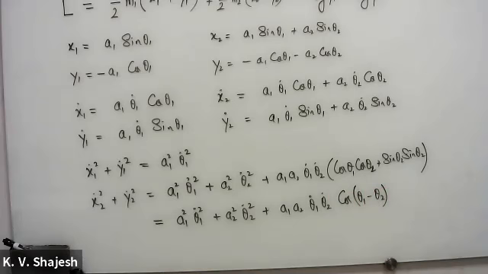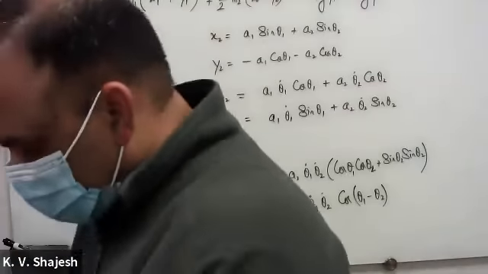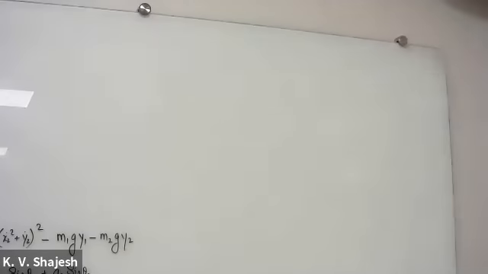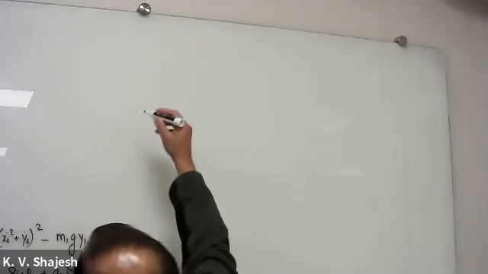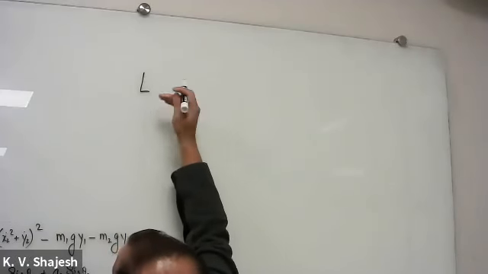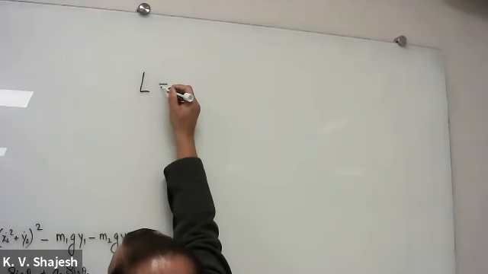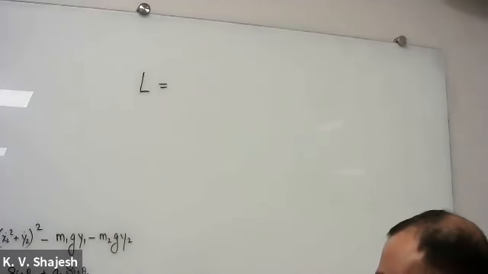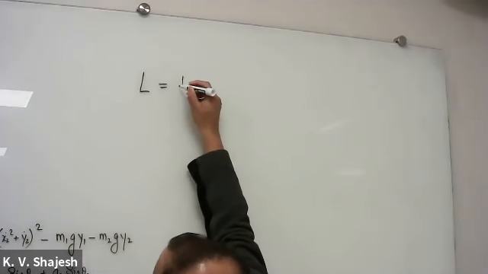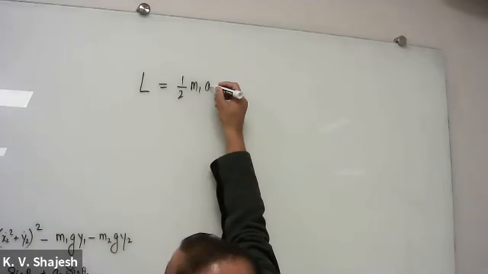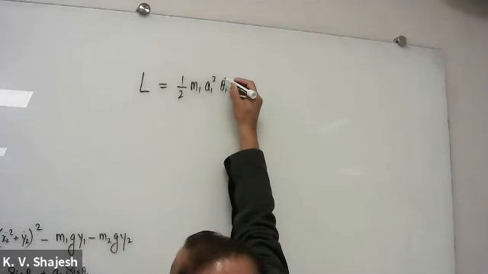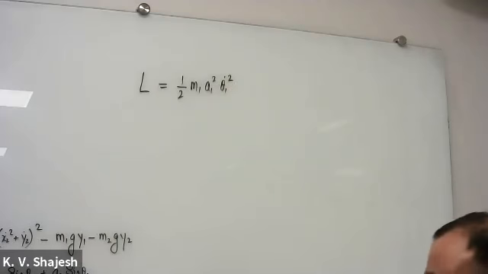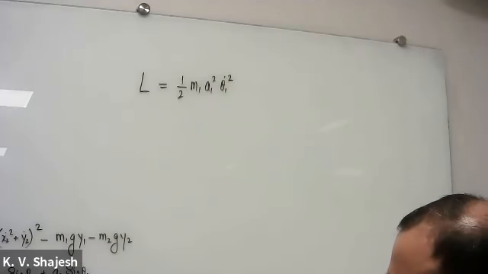Okay. So let's put this all together. We have our Lagrangian, L equals T minus V, as a function of theta 1 and theta 2. So T is half m1 a1 square theta 1 dot square. That's your first kinetic energy.